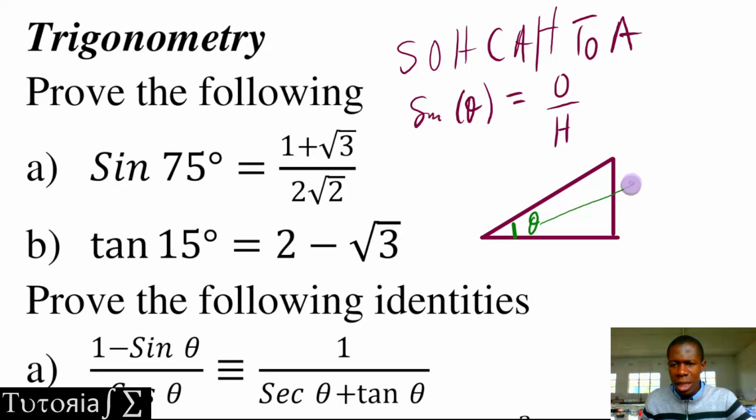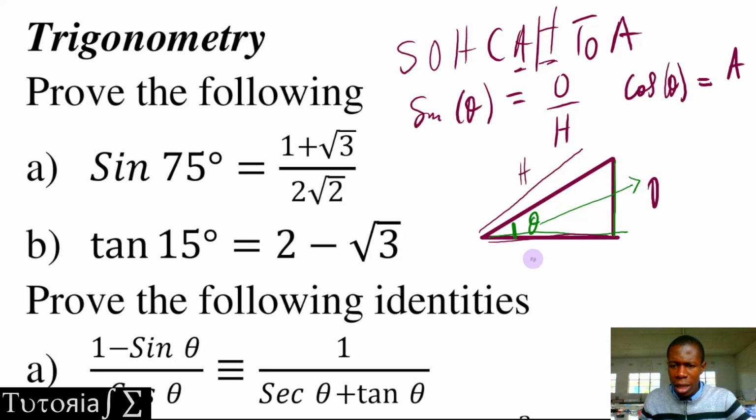Then the opposite is this side of the angle, so this length is the opposite. And below there is the adjacent. Cos of theta is equal to adjacent over hypotenuse. So this is the hypotenuse, this is the opposite, and this is the adjacent.